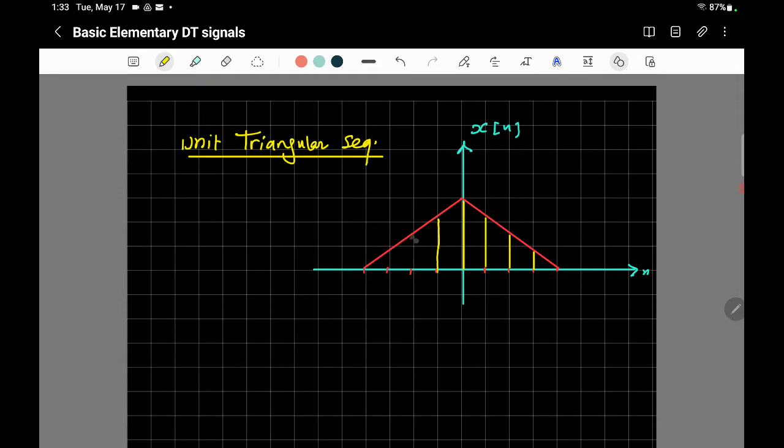One here, one here, and here will be 0, right? So now we don't need this red line, it was just the guidance. So that's the triangular sequence. And when you look at it, that's n equals 0, n equals 1, 2, 3, 4. Then it will continue to be 0 like that. 0, negative 1, negative 2, negative 3, negative 4, negative 5, that's 0.